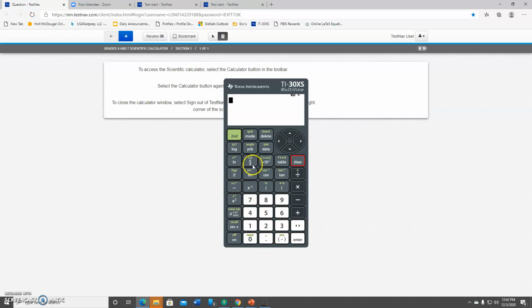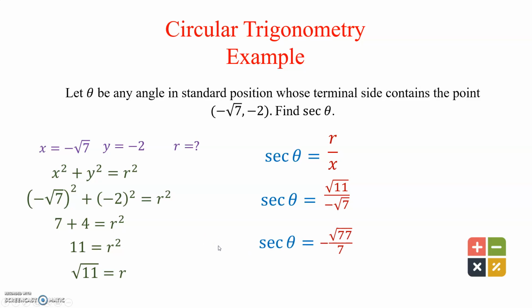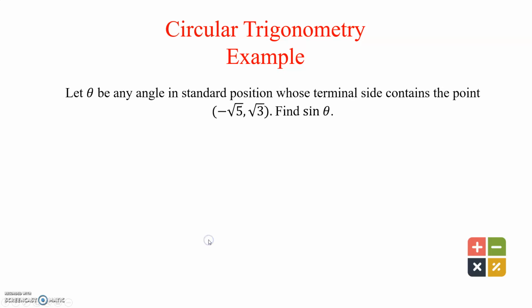Radical 11 over negative radical 7. Let the calculator do it all for you. There we go. Negative radical 77 over 7. There's our answer. Got one more example to do.